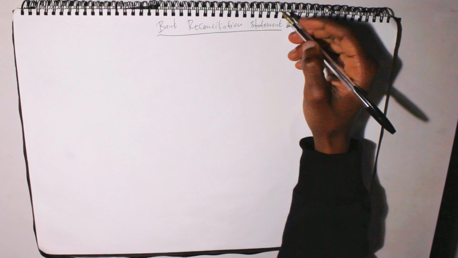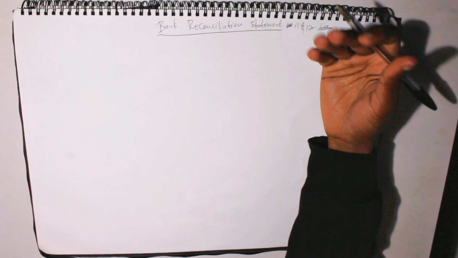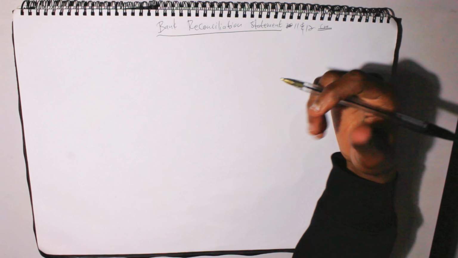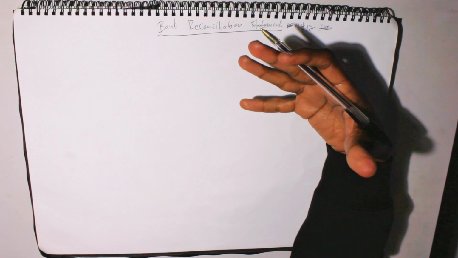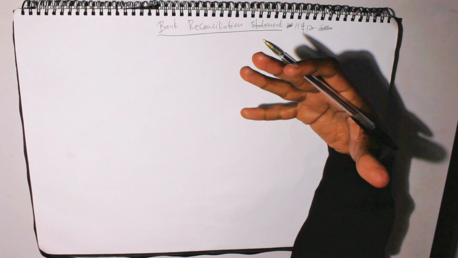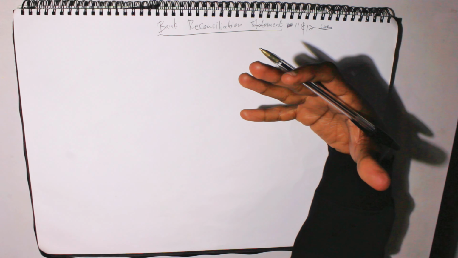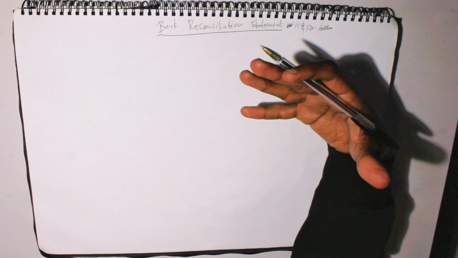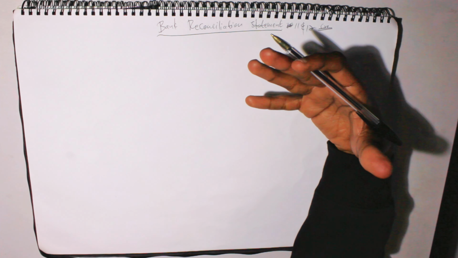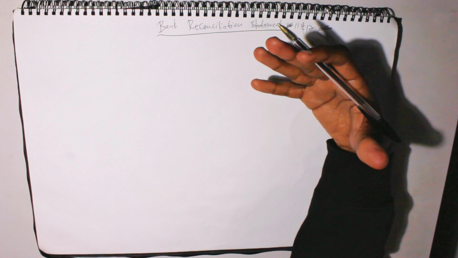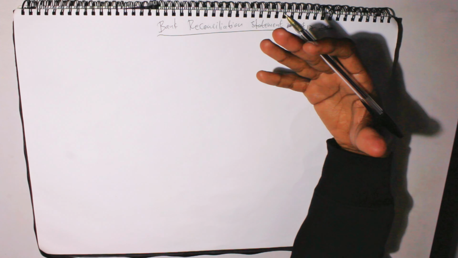Now, when you do your bank reconciliation, you need to understand the reason why you are doing it. You're doing bank reconciliation to ensure that the balances in the business books and the balance on your bank statement are the same. So when you get your bank statement, the balance that you have at the end in your bank must correspond with the balance in your cash receipt journal and cash payment journal, which are the books of the business.